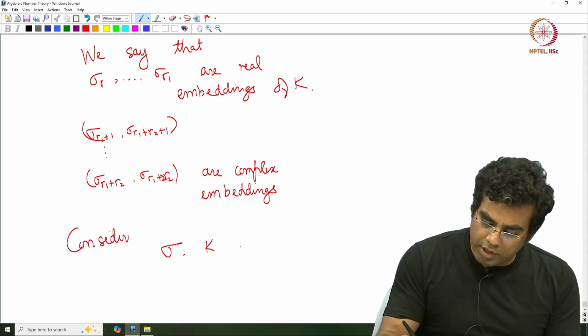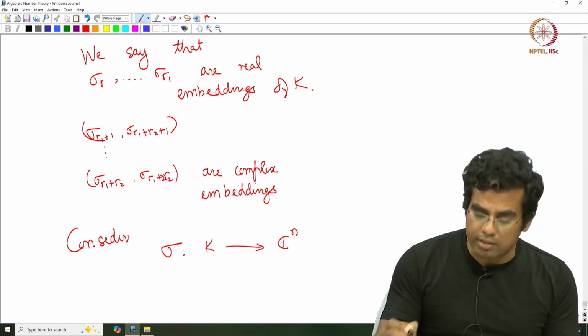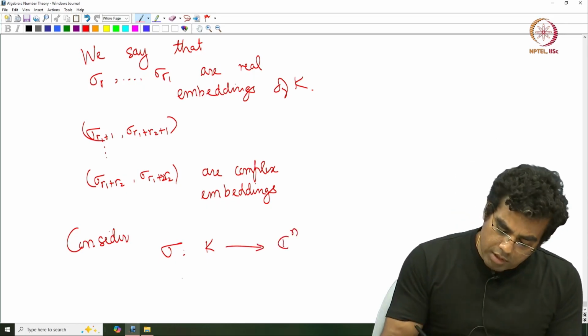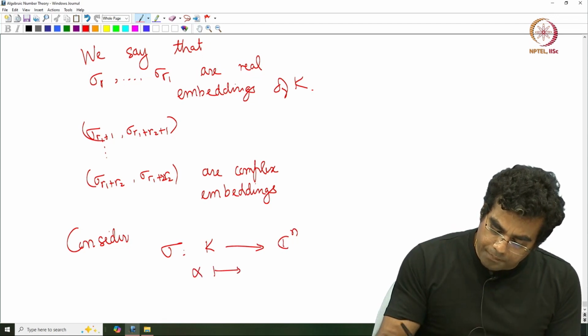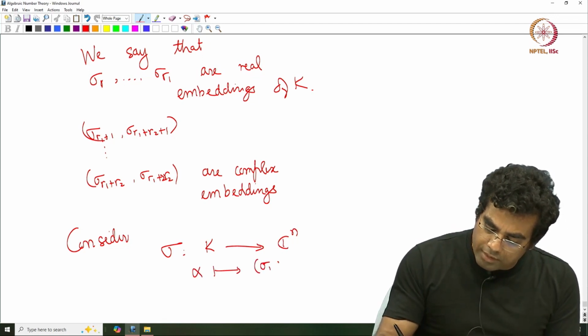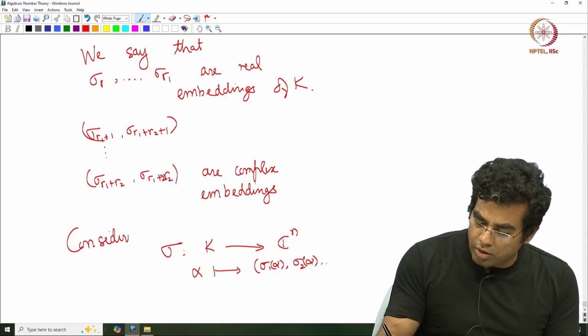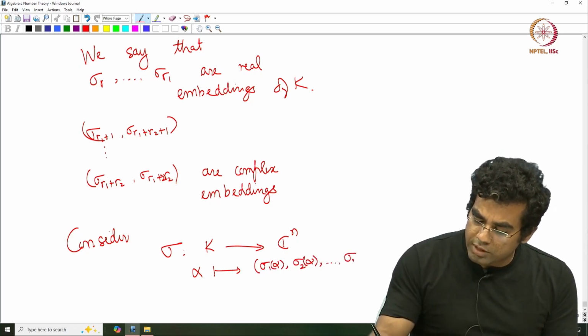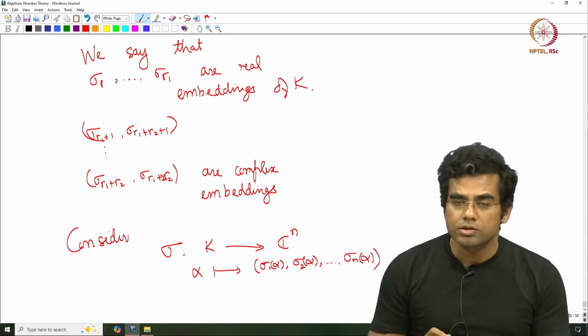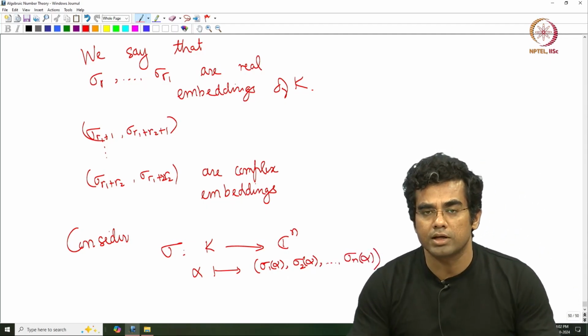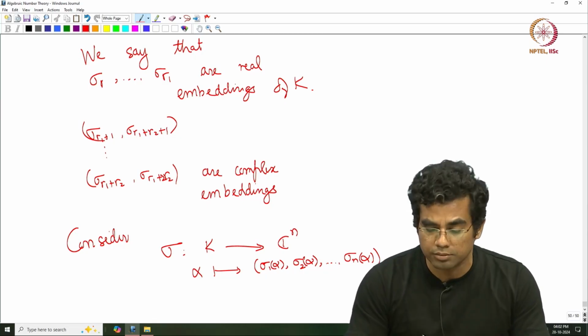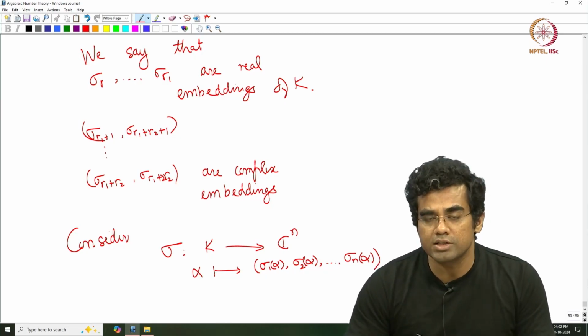sigma from K to C to the n, and what is this map? It takes any alpha to sigma 1 alpha, sigma 2 alpha and so on up to sigma n alpha. Right. So, this is a natural map that we can consider from K to C to the n. There is no choice of basis involved.